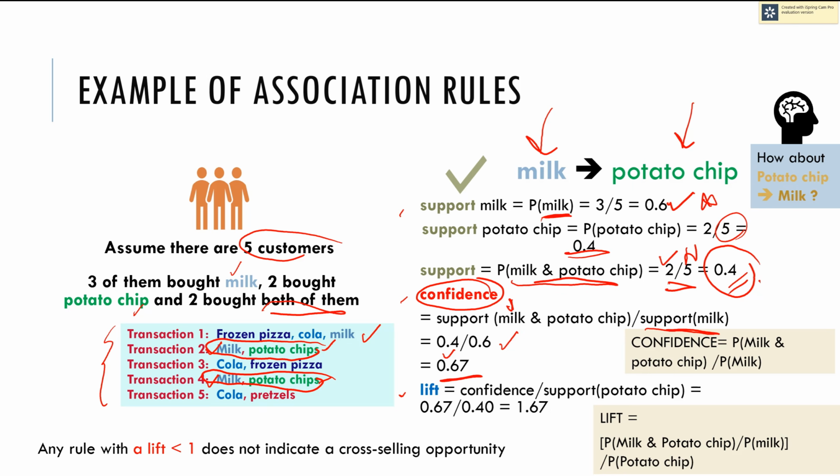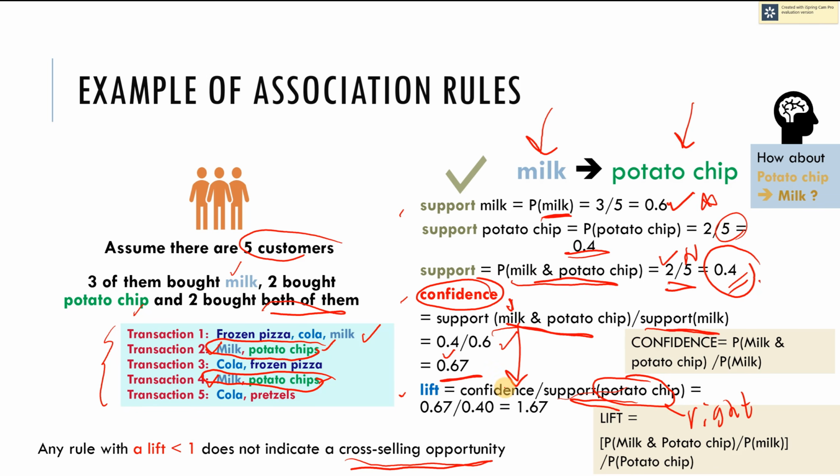Next is lift. Why are we going to take a look at the lift? Because we would like to see the cross-selling opportunity, where a rule with a lift less than 1 does not indicate a cross-selling opportunity, and vice versa. Lift is equal to confidence over the support of potato chips. So the confidence of milk and potato chips over the support of potato chips, or the right hand side.